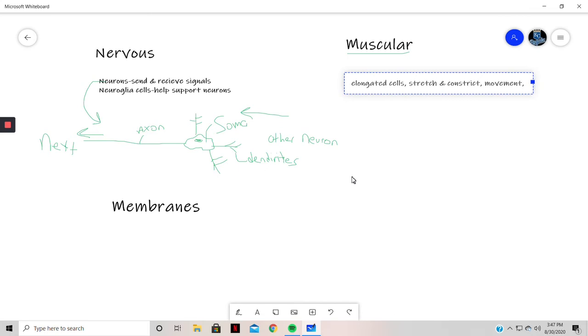and what else? Part of the digestive, digestion, breathing, speech. And there's supposed to be a comma in there. Not breathing speech, but breathing and speech.